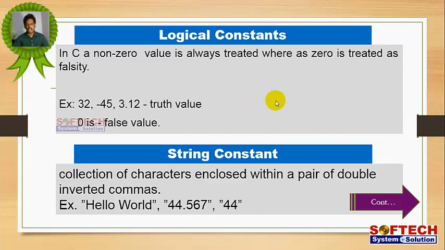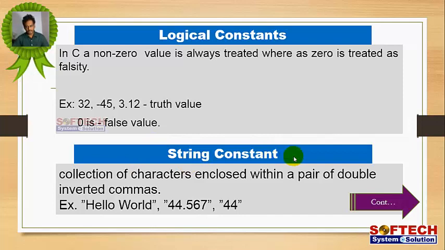For example 32, -45, 3.12. It may be a float value or an integer value, signed or unsigned. So all values are treated as true, but only 0 is false. It is a logical constant. The size and the range are not applicable to that.